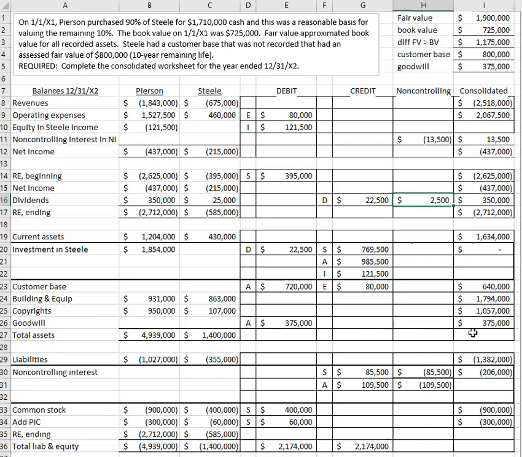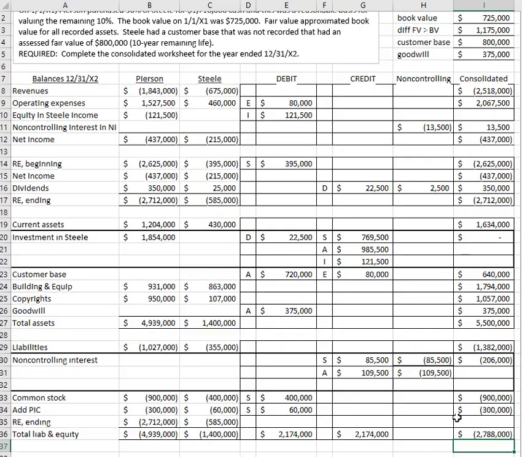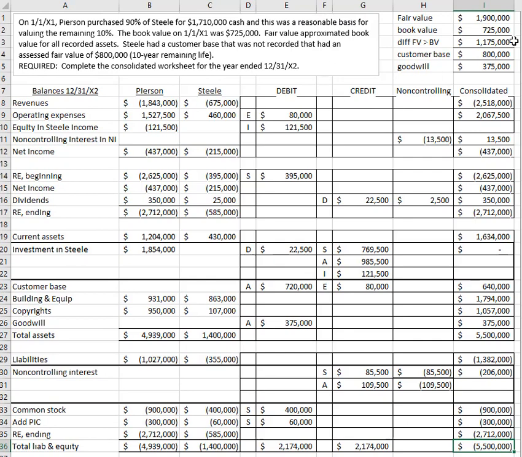All right, let's see if our assets equal our liabilities. Oh, we didn't pull down retained earnings from up above. There we go. Okay. Ready for the next.